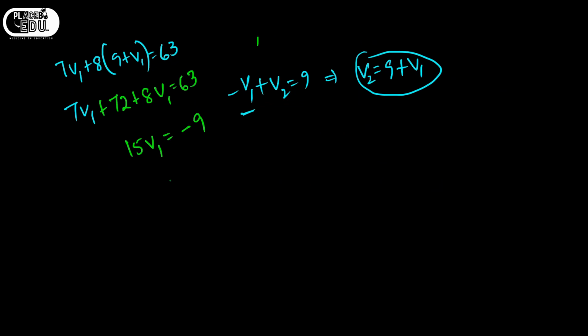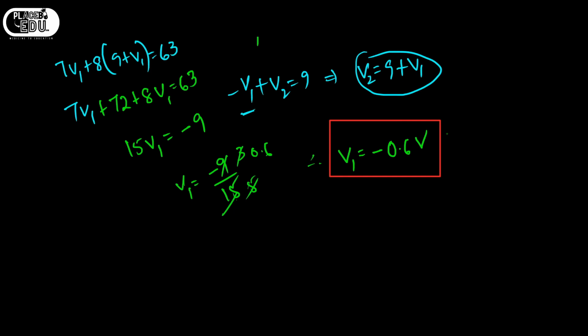So we have V1 is equal to minus 9 by 15, right? Minus 9 by 15. 3 3s are 9, 3 5s are 15, 0.6. So we have V1 is equal to minus 0.6 volts. Understood? We got the V1. And what is V2? We can substitute this V1 in here such that we will get the V2.